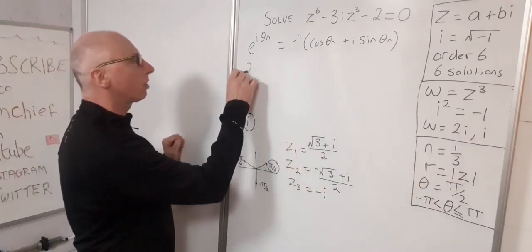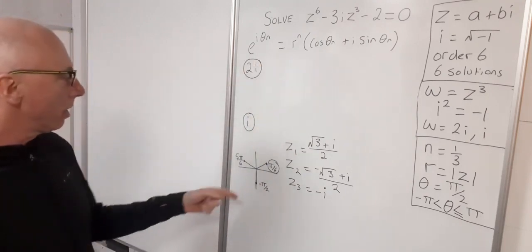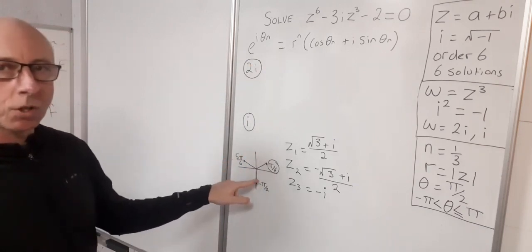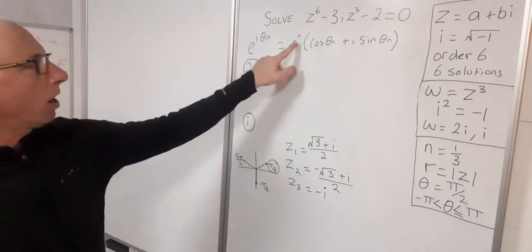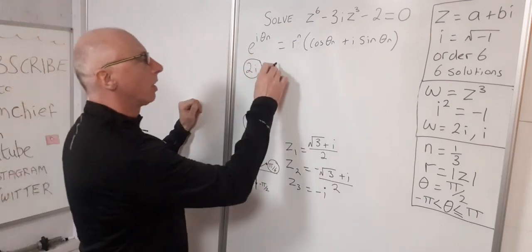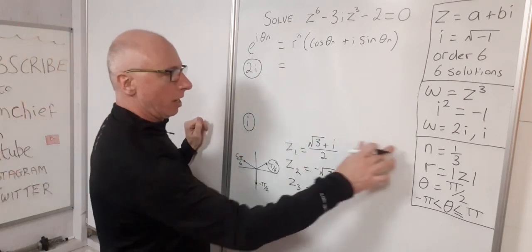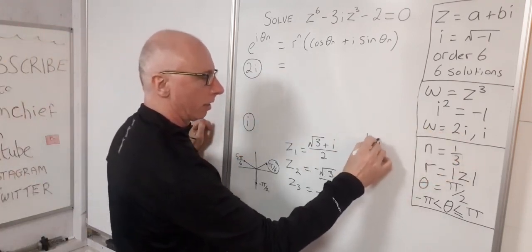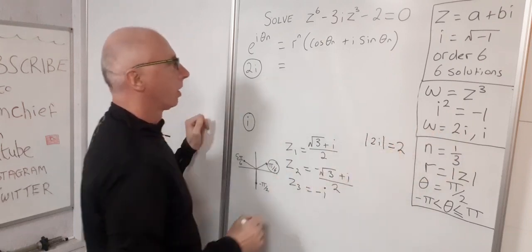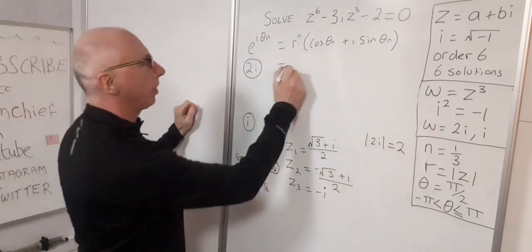Now let's have a look at 2i. For 2i, my arguments are going to be the same, but my r to the n is going to be different. So let's take pi over 6 for the first one. The modulus of 2i equals 2, so I've got 2 to the power of 1/3.